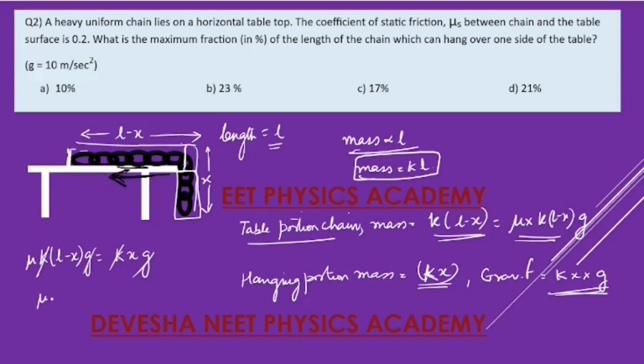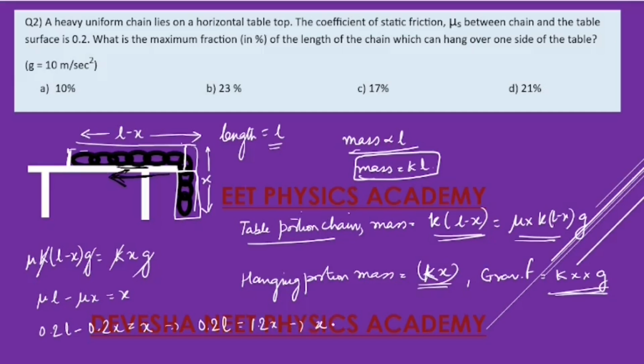Means mu L minus mu X is equal to X. Now it is given that mu is equal to 0.2. So it means 0.2 L minus 0.2 X is equal to X. It means 0.2 L is equal to 1.2 X.